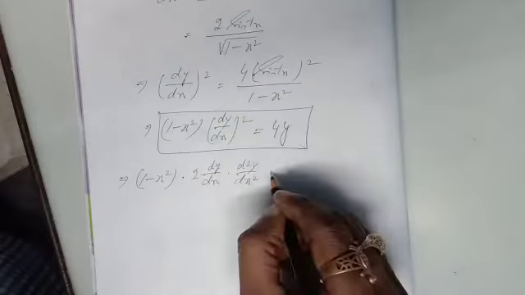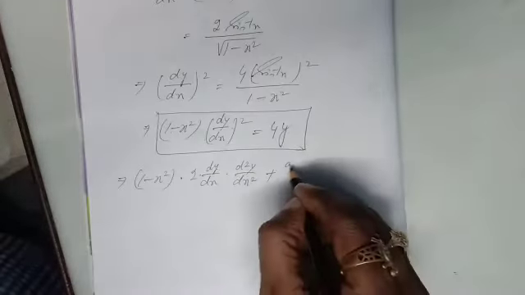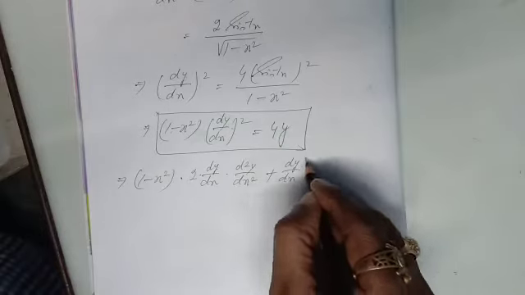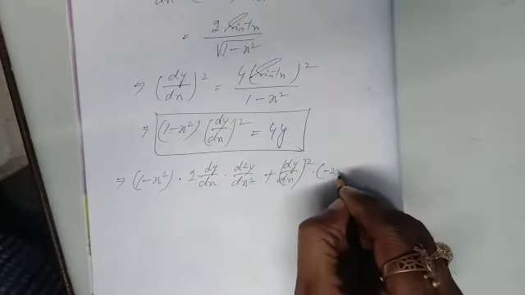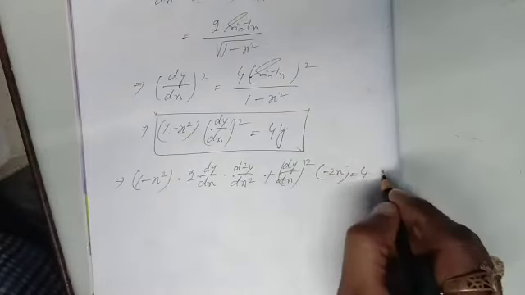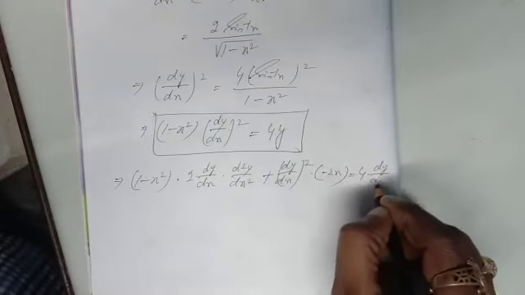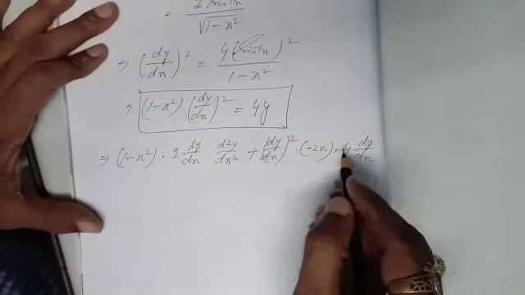This side complete, plus u into derivative of v, that is dy by dx whole square into derivative of 1 minus x square, which is minus 2x. And this side will be 4 into derivative of y, that is dy by dx.